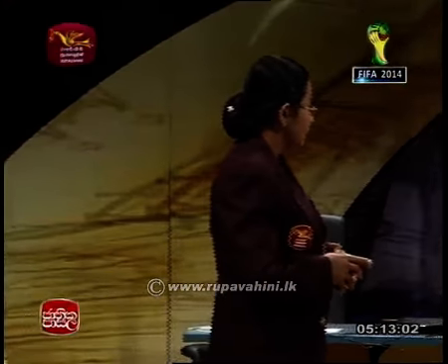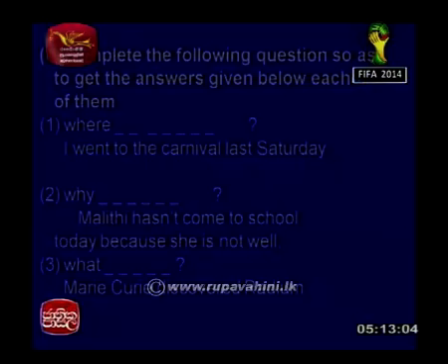So you need to get a helping word. Helping word did. Did is the past tense helping word. What did Marie Curie discover? And it is a must that you put the question mark. If you do not put the question mark, you will be marked wrong.